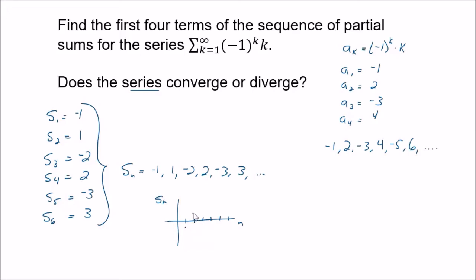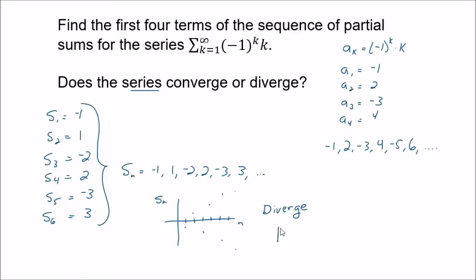When n is 2, you get +1. When n is 3, you get -2. When n is 4, you get +2, etc., -3. So you get this kind of thing happening, and certainly that's not converging on anything. So we would say it diverges. We could say it's divergent.